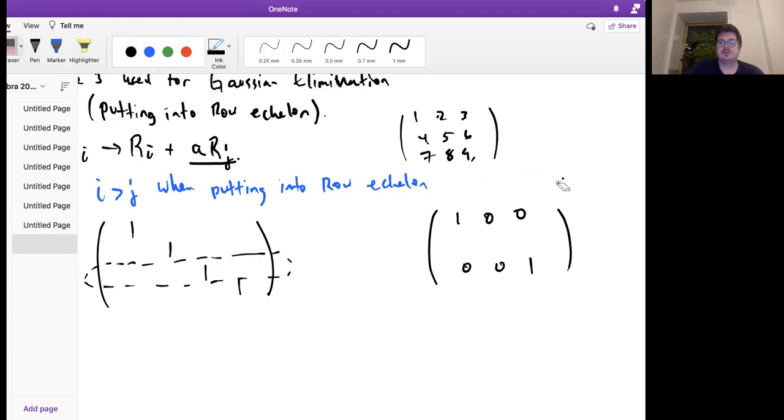Makes sense. So I'm doing this operation, row 2 to row 2 minus 4 row 1. What is the elementary matrix that does that? So I gave you the first and third row. Remember, those are the ones that don't change their identity. So what does the second row look like?